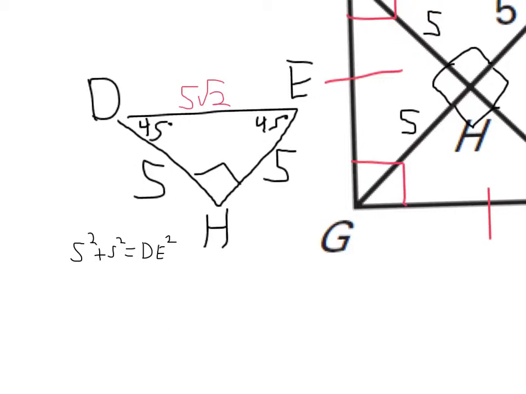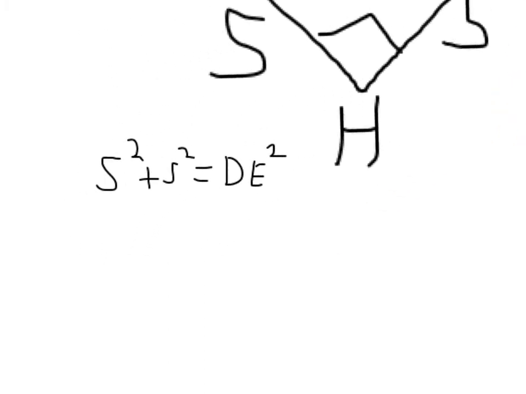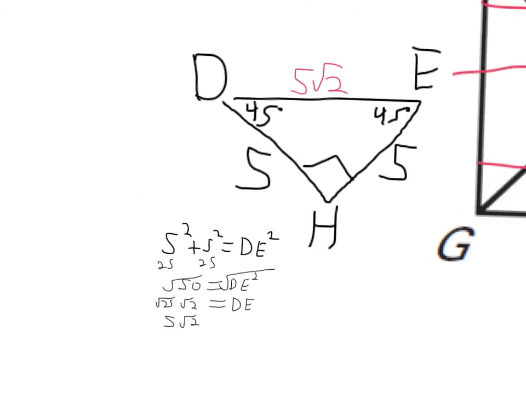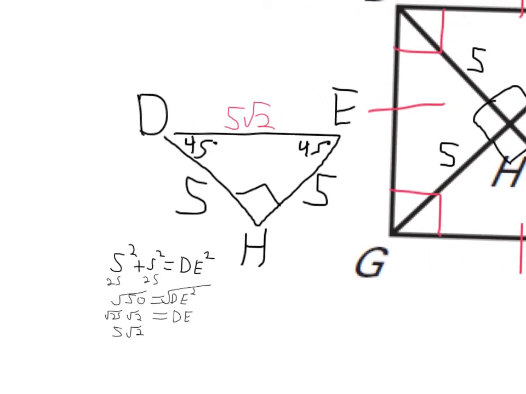That's the same answer you would get if you kept doing the Pythagorean theorem here, because you'd get 25 and 25, and add those together, you get 50. And then you'd take the square root of both sides. And so square root of 50, that actually can split into 25 and 2, which is 5 radical 2. Same answer, but if you know your rules about a 45, 45, 90 triangle, that'll be easier.